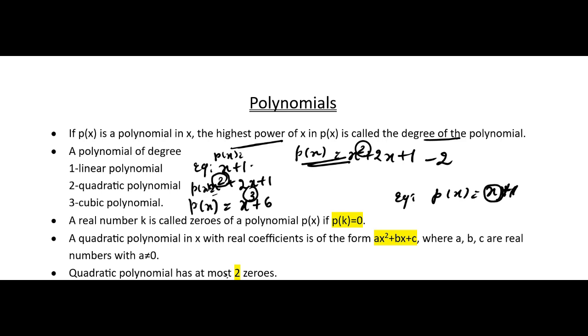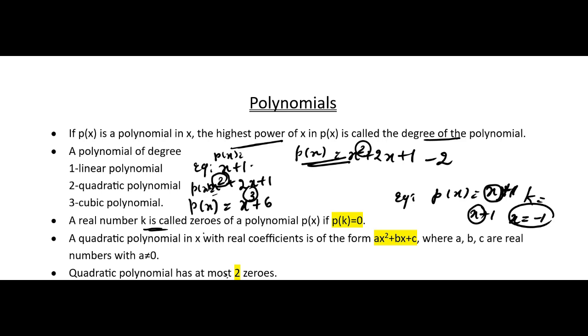When you put x is equal to minus 1, this given polynomial becomes 0. That's why k is minus 1 here. That's why the real number k is called a zero of the polynomial if p of k is equal to 0.